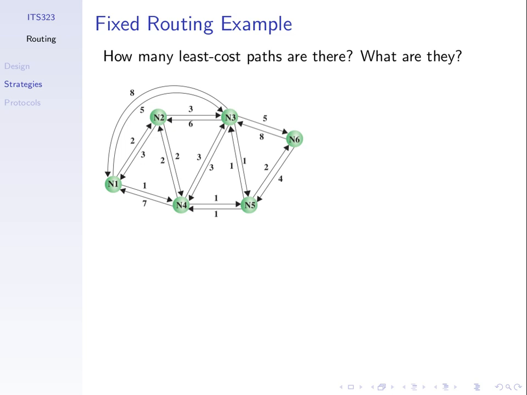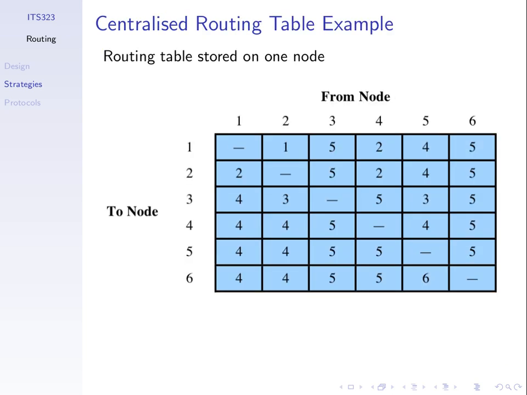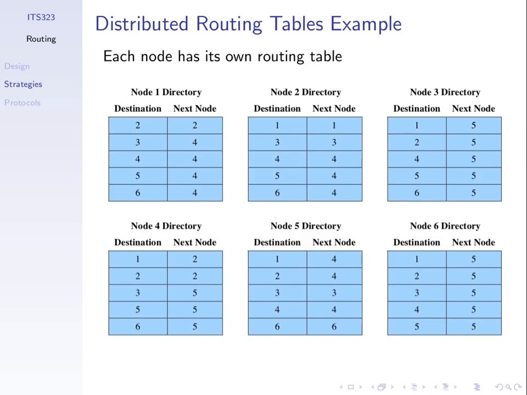So the result is that each node stores for the possible destinations the next node in the least cost path to reach that destination. And we get routing tables, generally shown there for those 6 nodes in that network.